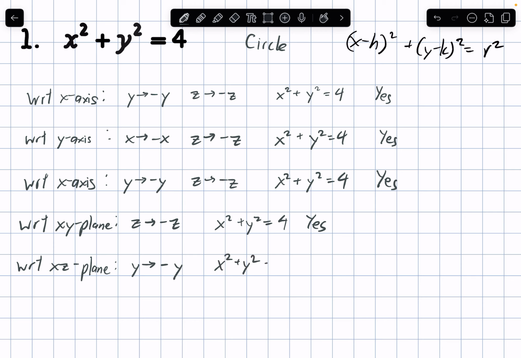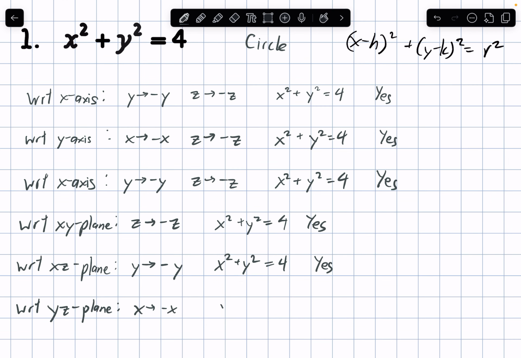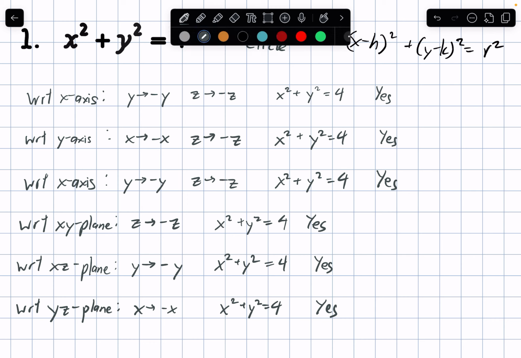The equation does not change, so we say that it is symmetrical with respect to the xz plane. How about the yz plane, the last of the three planes? We're going to make x negative x. So x squared plus y squared equals 4. Nothing changes. It is symmetrical with respect to all of these. So we are now done with symmetry. We just put a proper label.